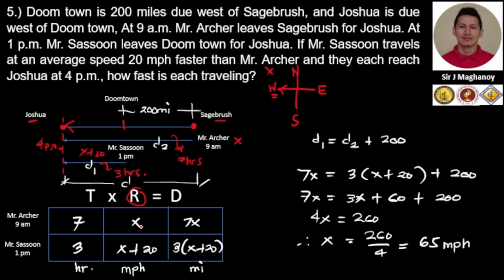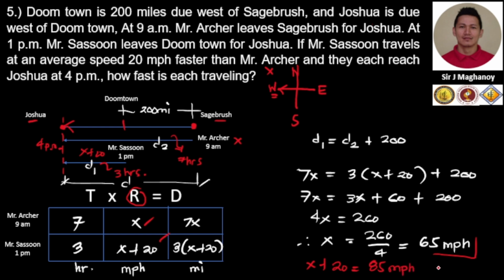So what is the rate of Mr. Archer? x, so x is the speed of Mr. Archer. How about Mr. Sassoon? Mr. Sassoon is x plus 20, that will become 65 plus 20, which is 85.